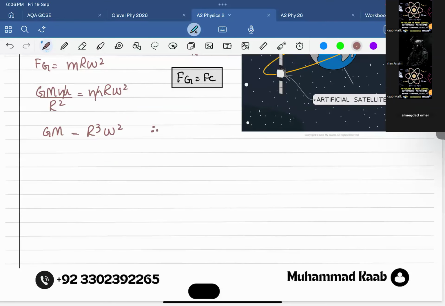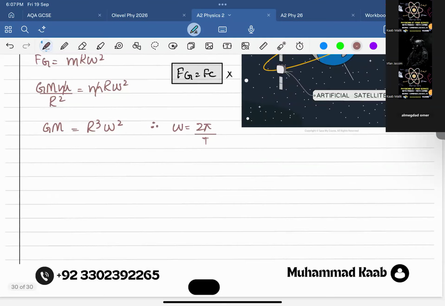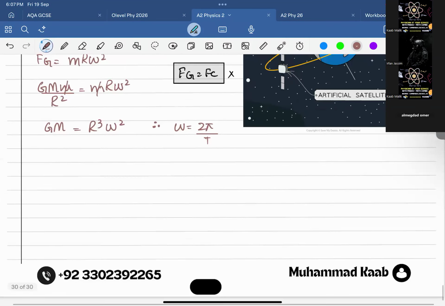We know that omega is equal to 2 pi over T. And then solving this, GM is equal to r cubed times (2 pi) squared over T squared.